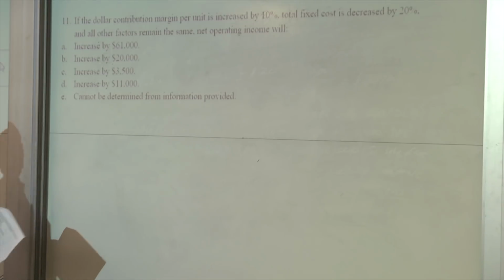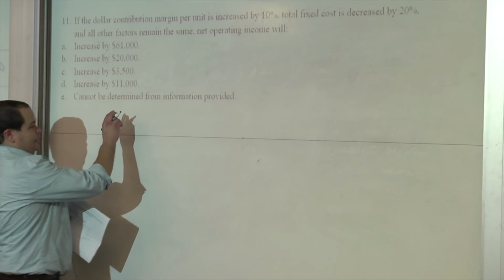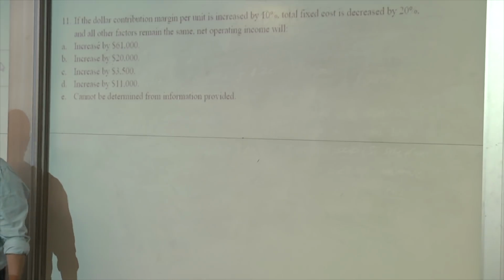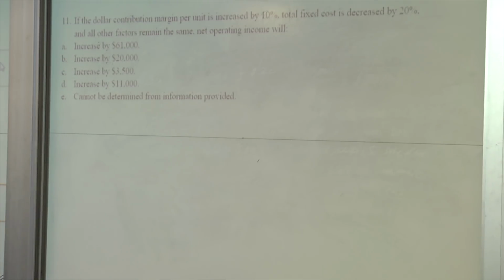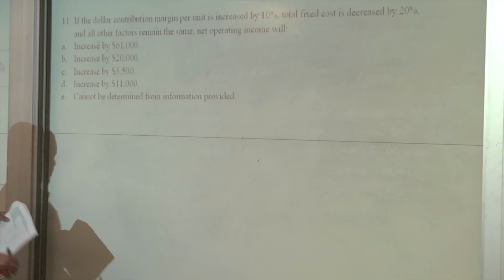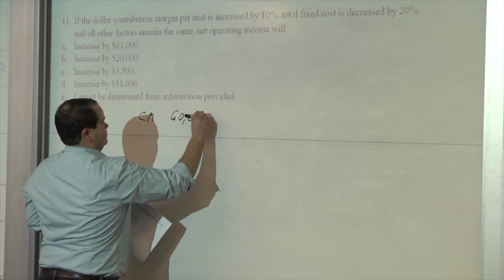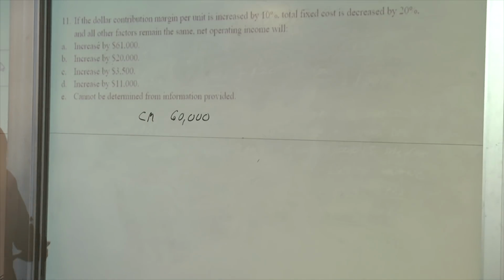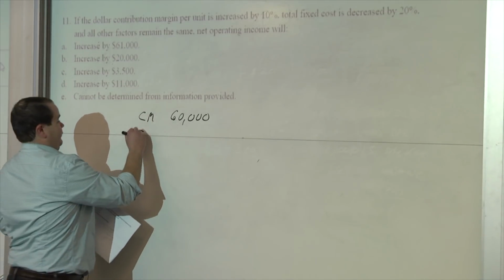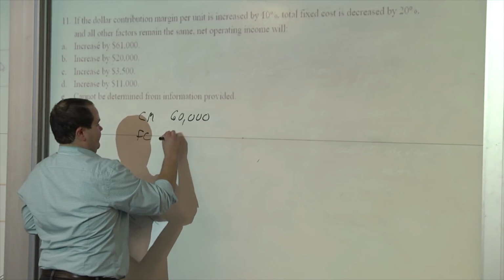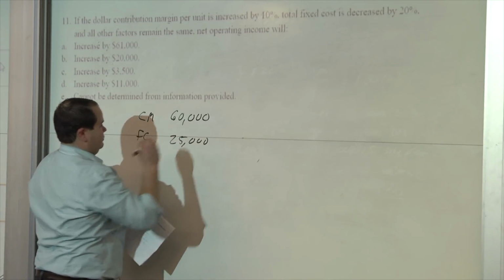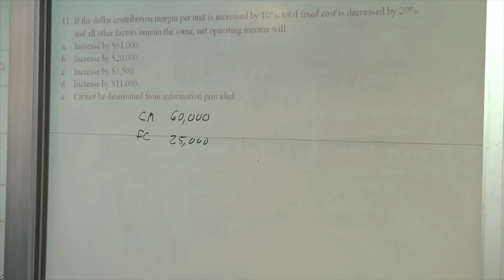So before, remember we solved $20 per unit, and they sold 3,000 units, so our contribution margin was 60,000. So this is the old situation, and the fixed costs were 25,000. Now they're saying the contribution margin per unit goes up by 10%.